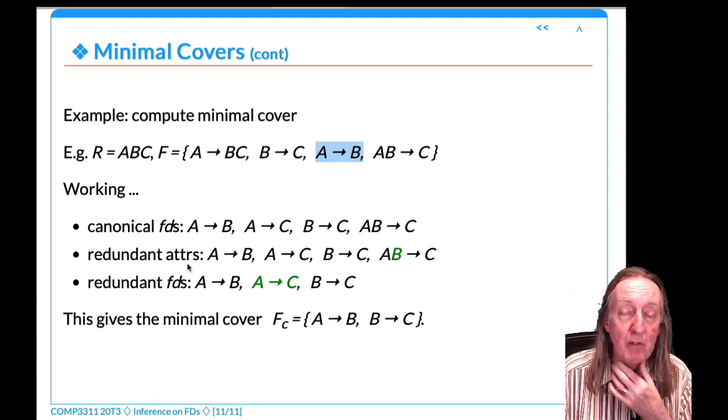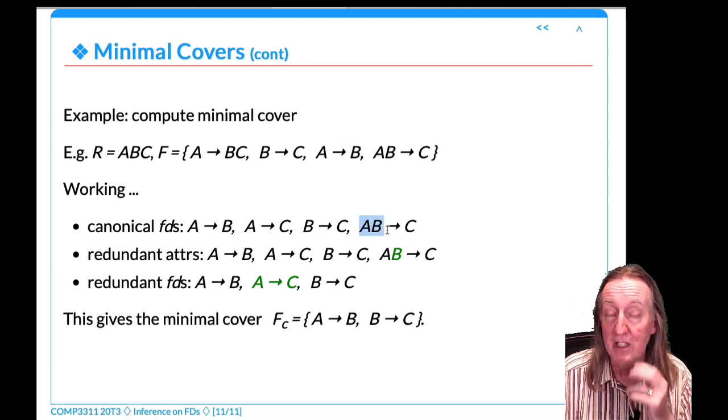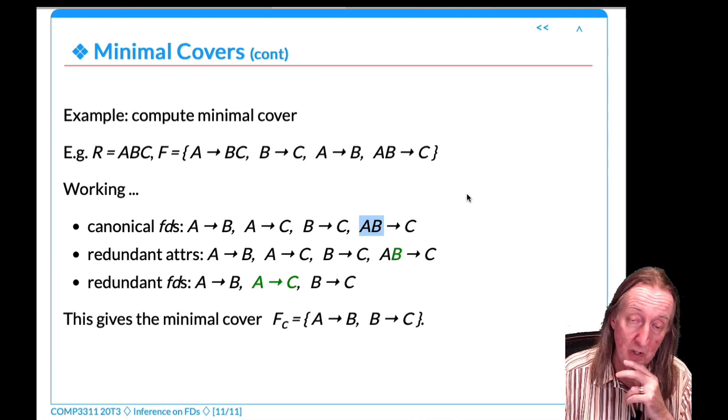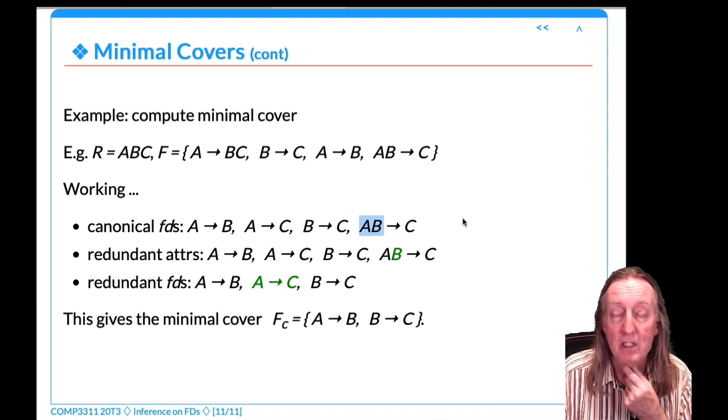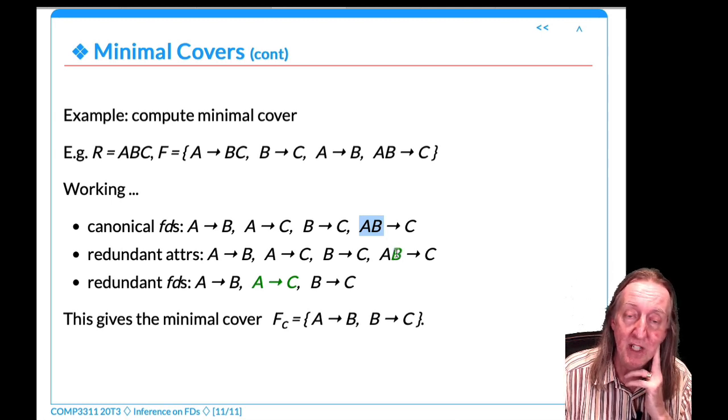Alright, then we start looking for redundant attributes, and really the only option is to look at this one because it's the only functional dependency with more than one attribute on the right hand side. And so we see what happens if we take B out.